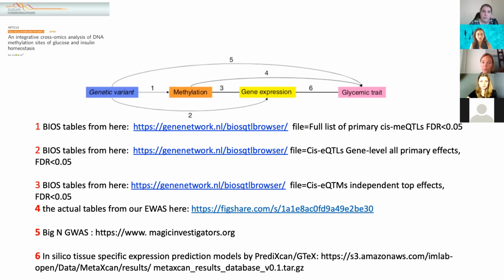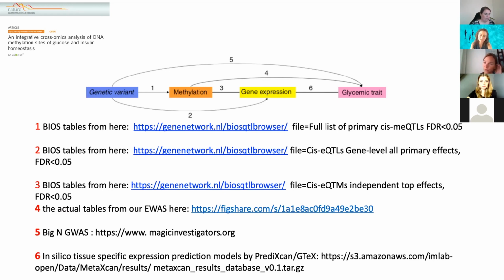For parts 1, 2, and 3, we downloaded the results from the BIOS QTL browser, which I already mentioned in the BBMRI. One problem here, and in several tools, it is also a problem in the GWAS Atlas in a different way, is that when they did this analysis, of course, they didn't store the genome-wide association study statistics for every 450K methylation locus, or for all the RNA expression profiles.